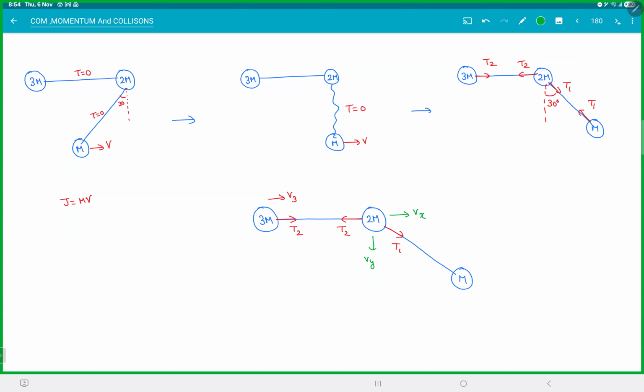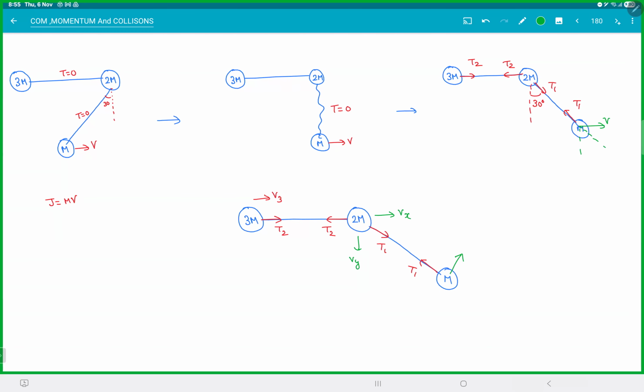What about m? M is interesting. If you look at this velocity V, only the component of velocity along the tension will change. That means the perpendicular component was unaffected. So in this direction, the component will be unaffected, which will be how much? This angle was 30. So that angle was 60.